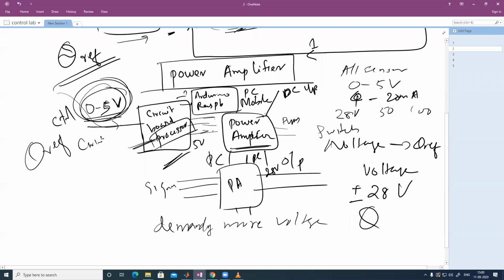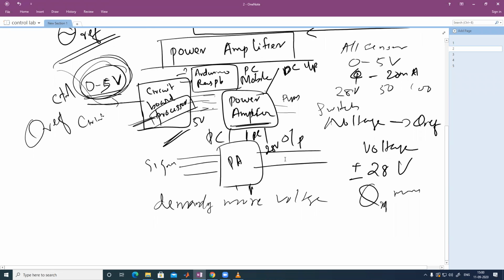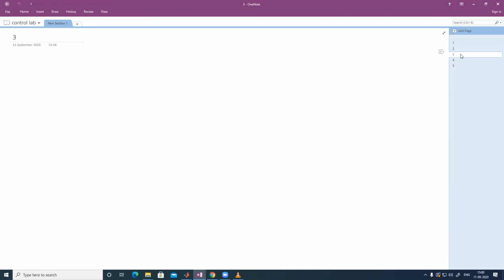So the DC value is 28 volt only it can supply. If the theta reference wants more than 28 volt, the power amplifier cannot supply it to the load. So there comes the first nonlinearity, called supply voltage limit.